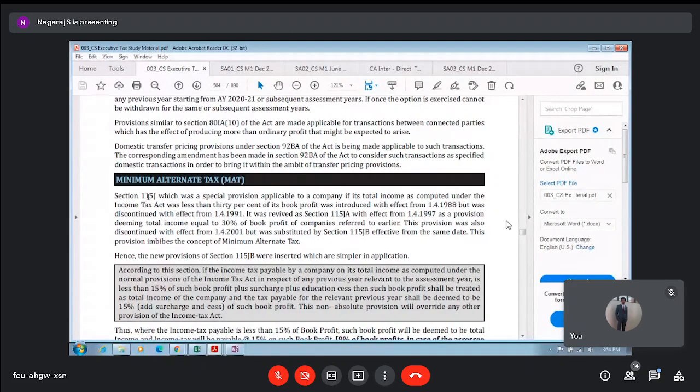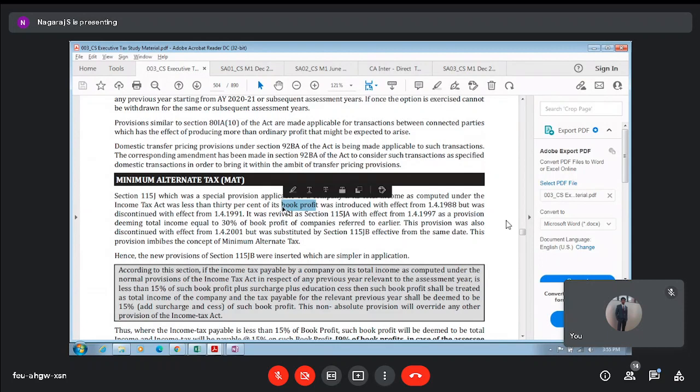Section 115JB, which was a special provision applicable to a company if its total income as computed under the Income Tax Act was less than 30% of its book profit, was introduced with effect from 1988. See here, we call it book profit. In AMT we called it adjusted total income. That is the one difference.